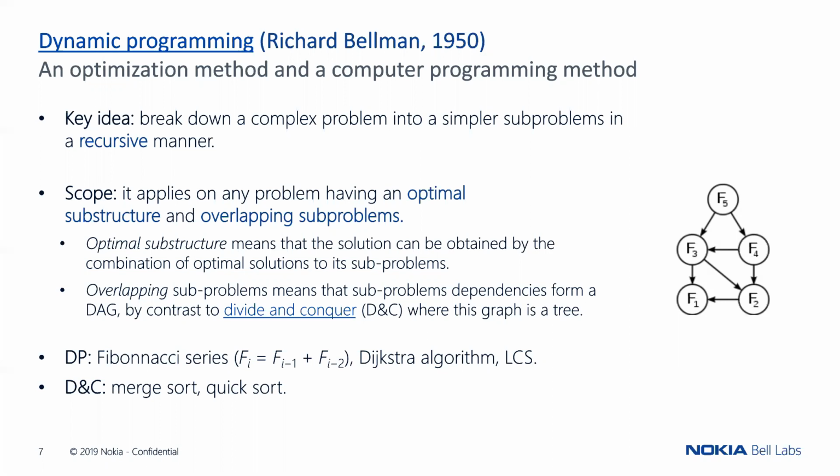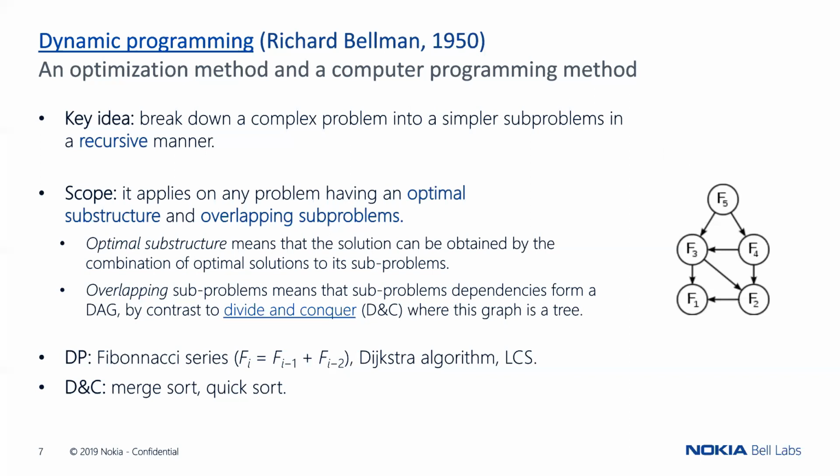As long as you have a kind of directed acyclic graph to model this recursion, this is dynamic programming. By contrast, in divide and conquer you have a big problem, but the sub-problems are independent of each other.